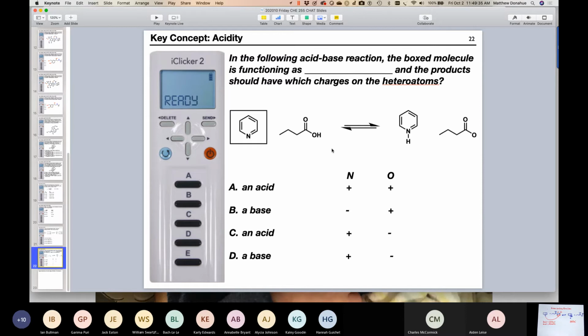So James asked, well, the conjugate base, so this is the acid, this is the conjugate base, will it always have a negative charge? No, it will not. The reason that it has a negative charge here is because here you're starting neutral, neutral to negative.